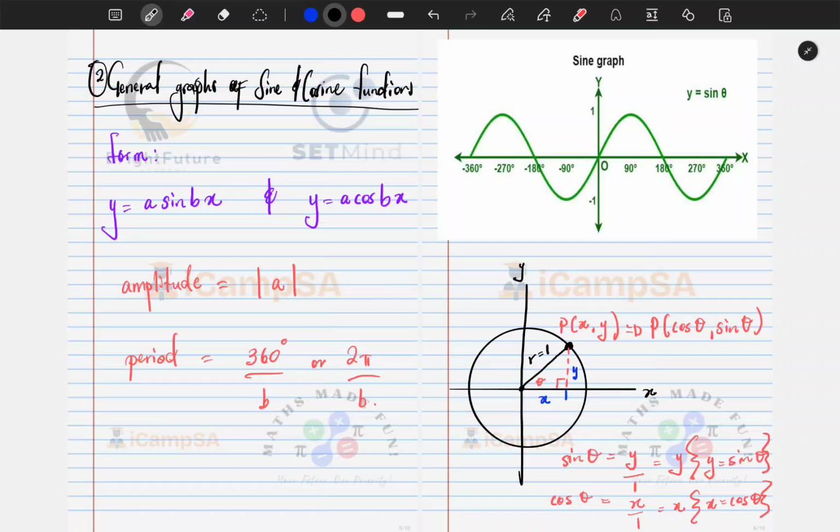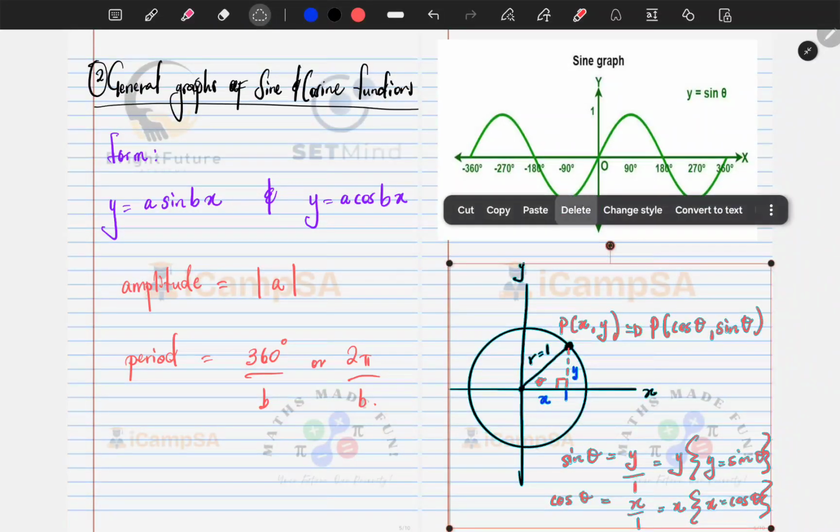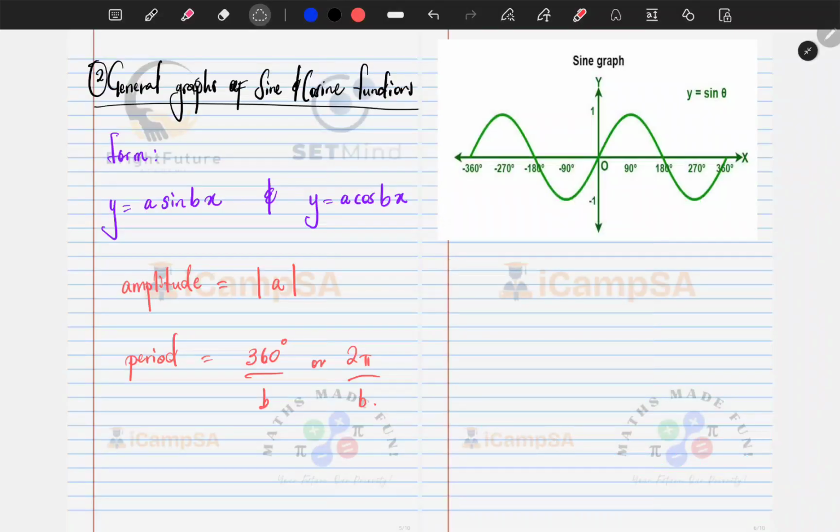So your period, especially for sine and cosine graphs, is given by this equation. We can erase this. Your period is given by 360 divided by p.